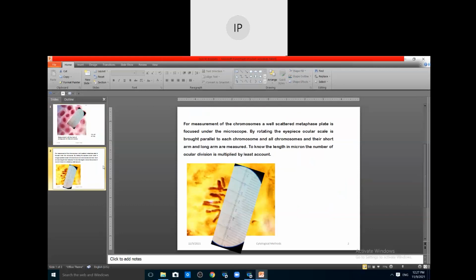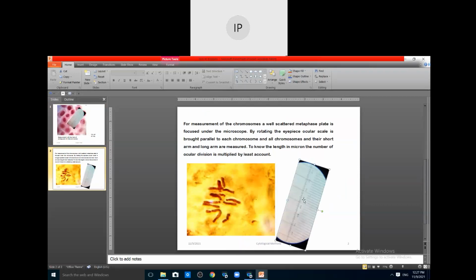Now in the next slide, this is for measurement of the chromosomes. A well scattered metaphase plate is focused under the microscope by picking up the scale.